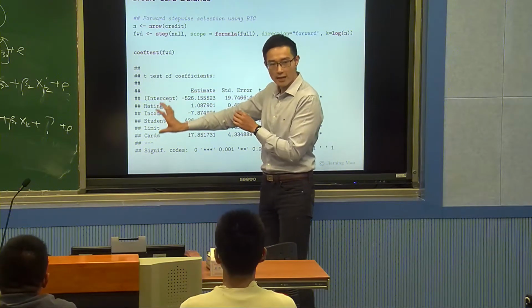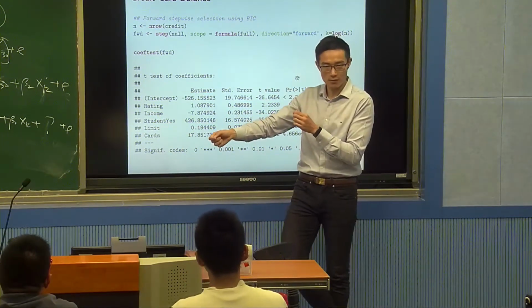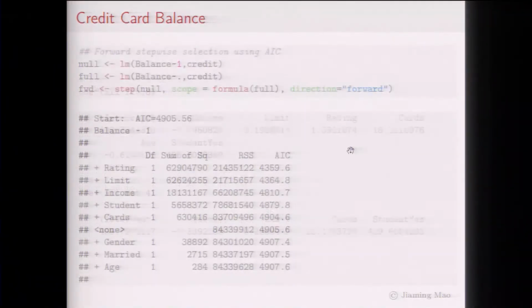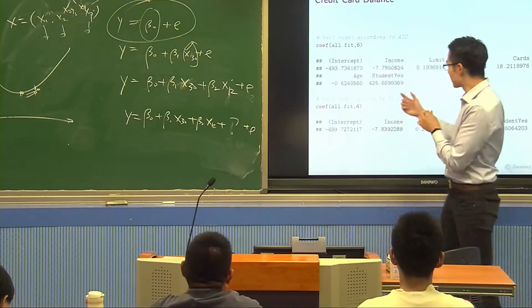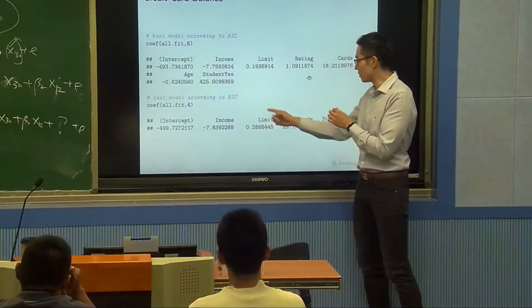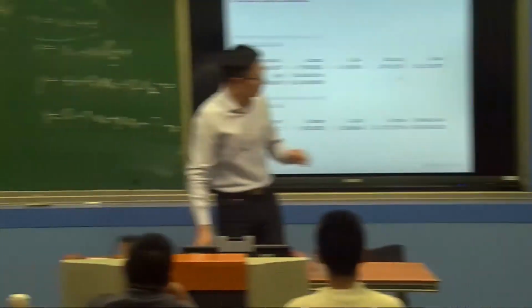Is it the same as using BIC to pick among all the available combinations? No. Last time, when we tried all different combinations, the BIC only gave us 4 variables: income, limit, cards, student. So forward stepwise in this case does not give us the same result.